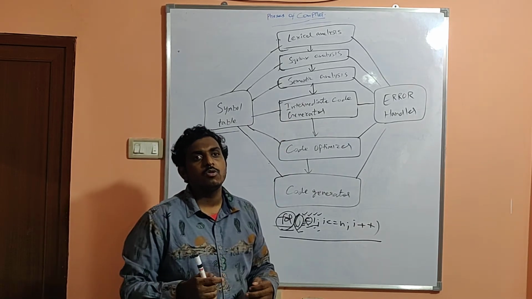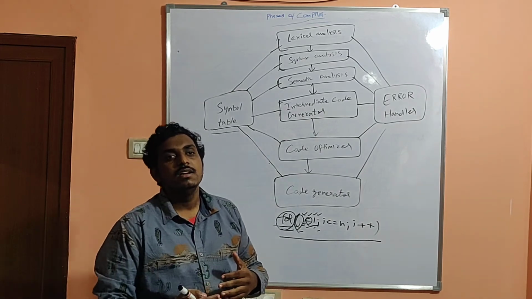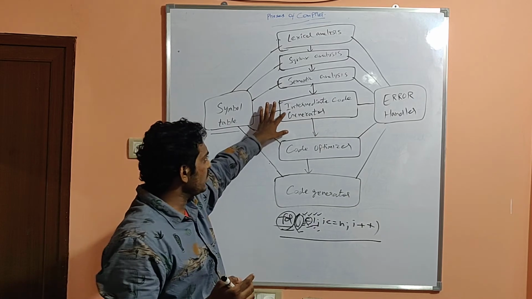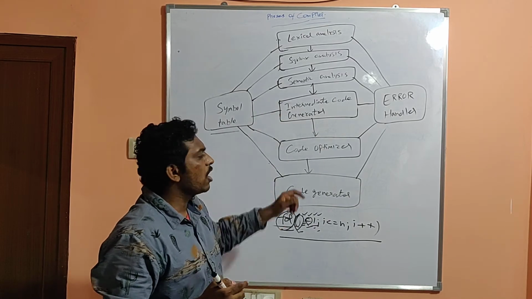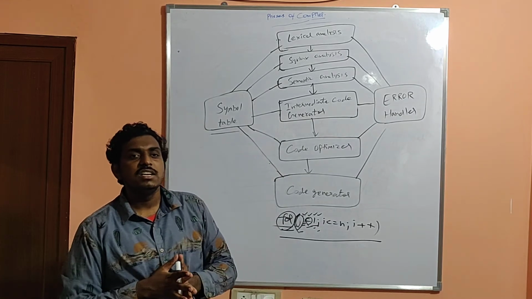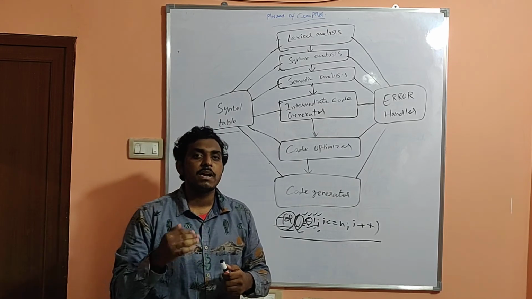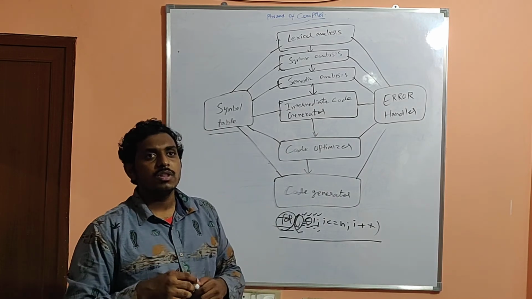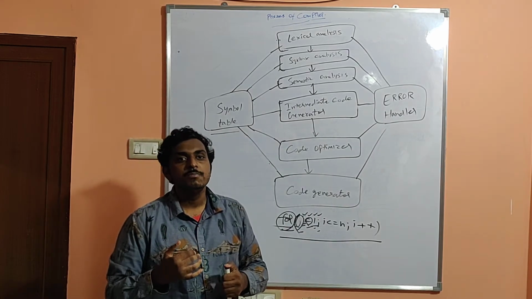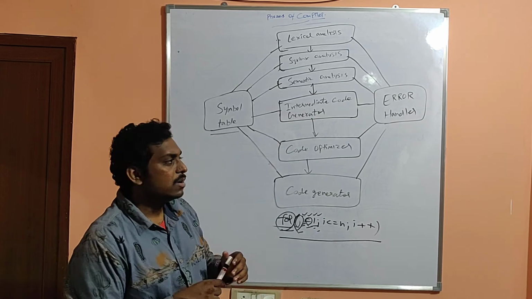In the intermediate code generator, the three address code is generated and it moves to the code optimizer. The main theme of code optimization is that it reduces the number of lines of our program, for better results and efficiency in the program.